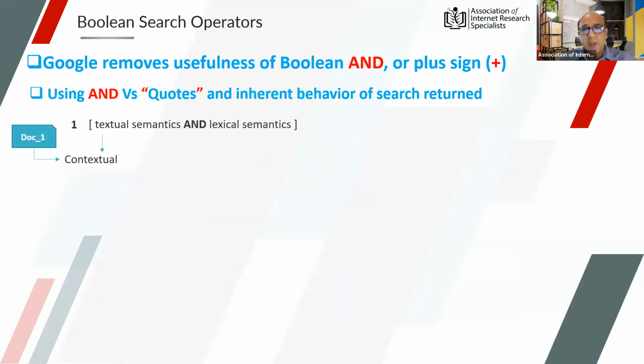I'm going to start a concept understanding here, which is absolutely crucial for anyone who is going to give a CIRS exam. There is a lot more emphasis on why the quotation marks are substituted and where AND is not. Throughout the book, one thing you will notice, especially in the Boolean section, is that I have not used AND in the search queries.